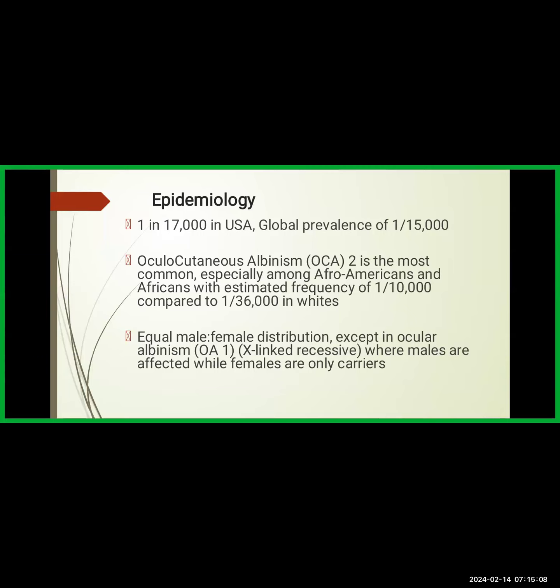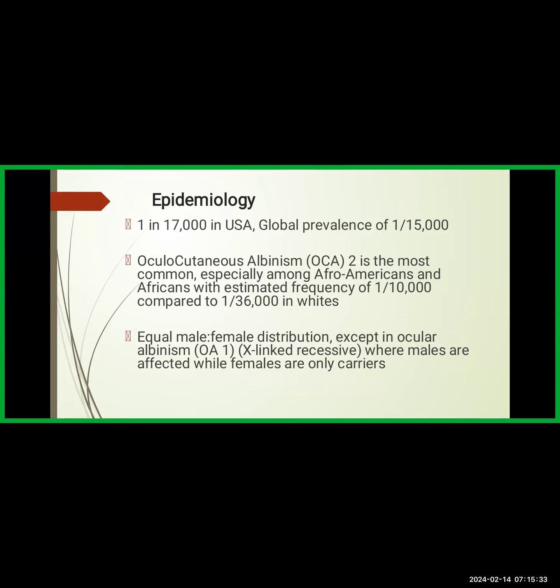Okay, epidemiology: there is about 1 in 17,000 in the USA, and a global prevalence of 1 per 15,000. Oculocutaneous albinism type 2, OCA2, is the most common type of albinism generally.